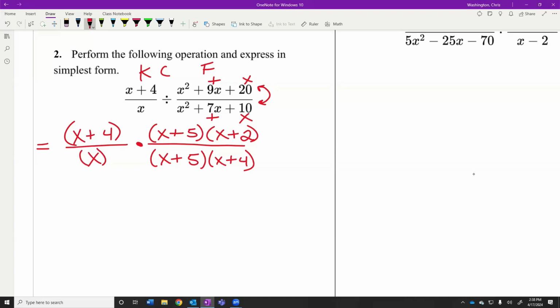I can't just cancel x. I have to cancel everything inside the parentheses, which we can do with this x plus 4 over here. But I couldn't cancel those x's on the left there. And the x plus 5 and the x plus 5, we can cancel those as well. What's left on top? There's an x plus 2 left on top. That's the only thing left on here.